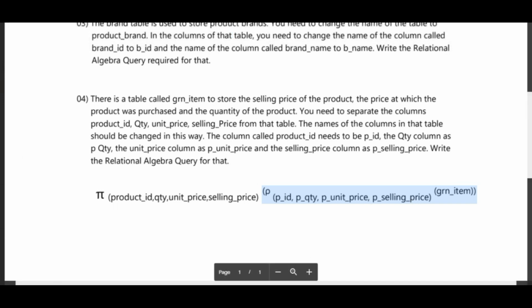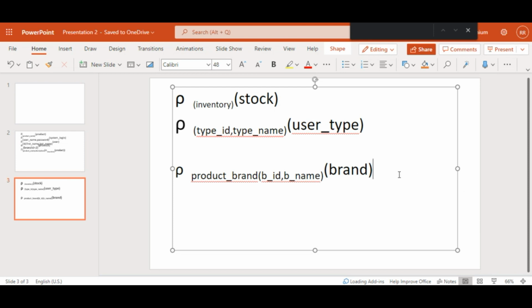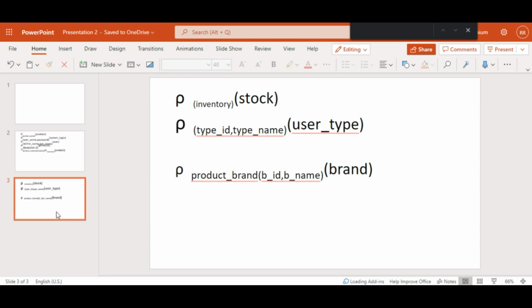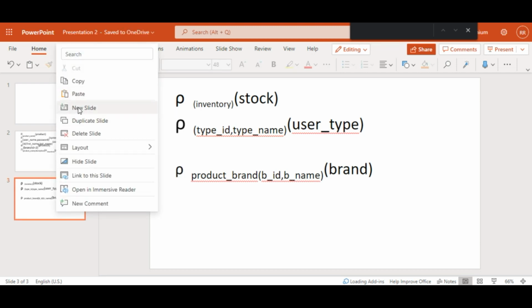So let's write the query again for the question. First of all I'm going to do the rename process. Let's answer this question inside a new slide.